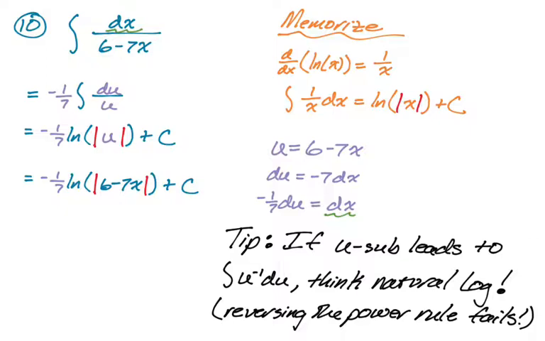But negative 1 plus 1 is 0. The reciprocal of 0 is 1 over 0, doesn't even exist. Now you're kind of in trouble, except you're not, because every time that happens to you, you actually have a natural log. So when you're reversing the power rule and it fails, it makes you divide by 0, you definitely have a natural log. And you just want to kind of remember that.